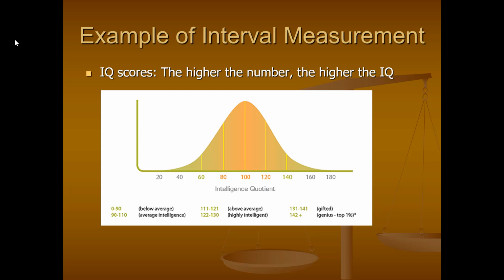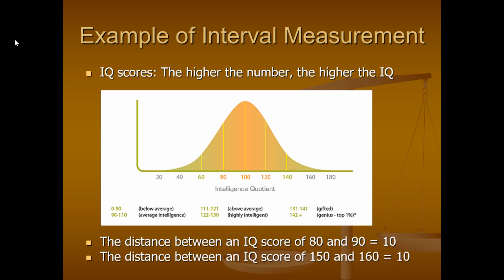But here are the IQ scores for the average population and what the points mean. So the distance between an IQ score of 80 and 90 is 10 IQ points. The distance between an IQ score of 150 and 160 is the same IQ points.